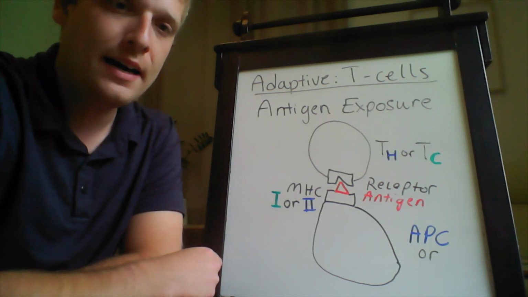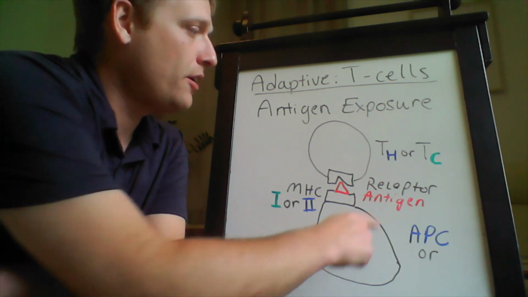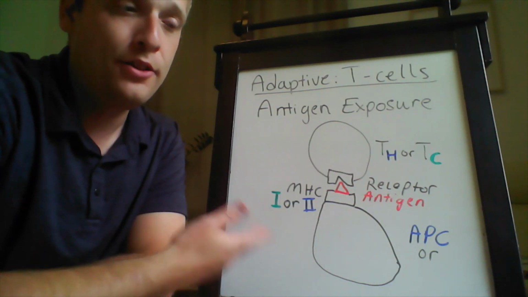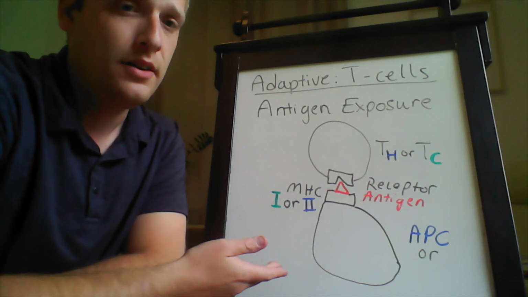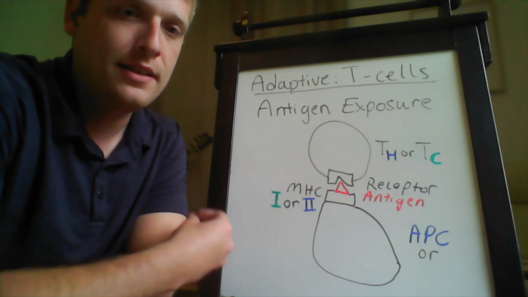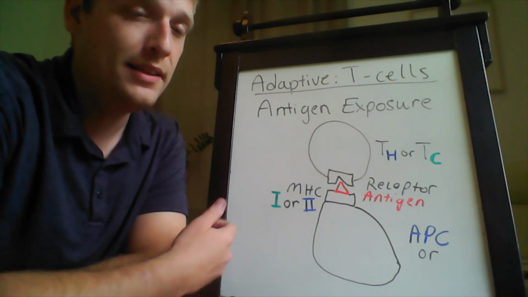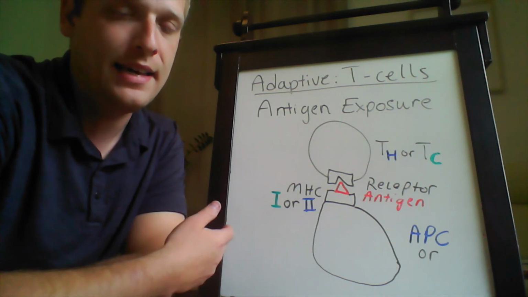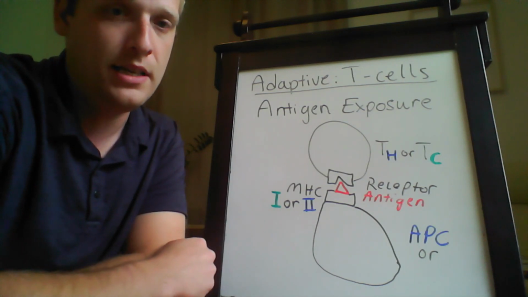And there are two types of T cells. There are helper T cells, which activate other immune cells. So helper T cells, once they're activated, are going to release cytokines. And these cytokines, again, are messengers that are going to stimulate the activity of other immune cells.